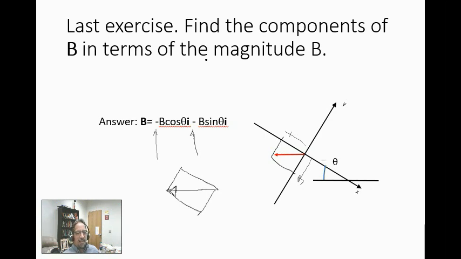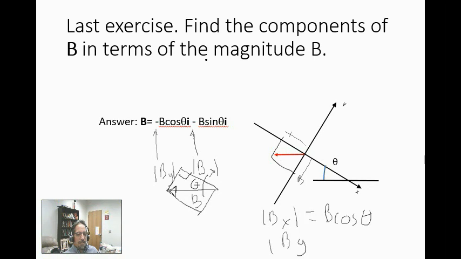And then the angle theta, this is way too easy. This is here, and this is Bx, and this is By, and this is 90 degrees, of course. So this right triangle tells you then that, and this is the magnitude B, that the Bx, so it's adjacent to theta, so it's B cosine theta, and By is B sine theta.